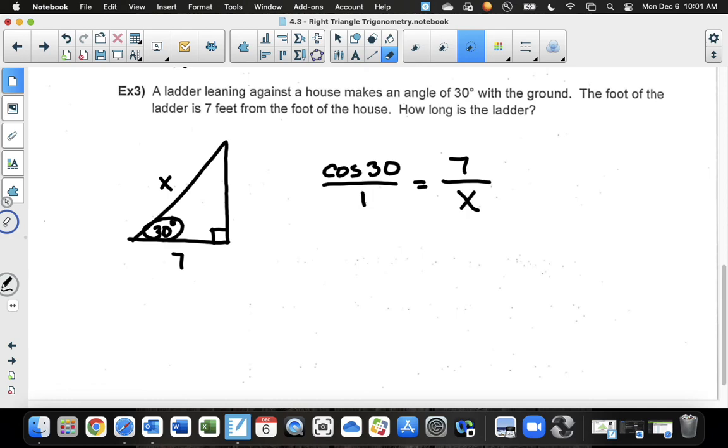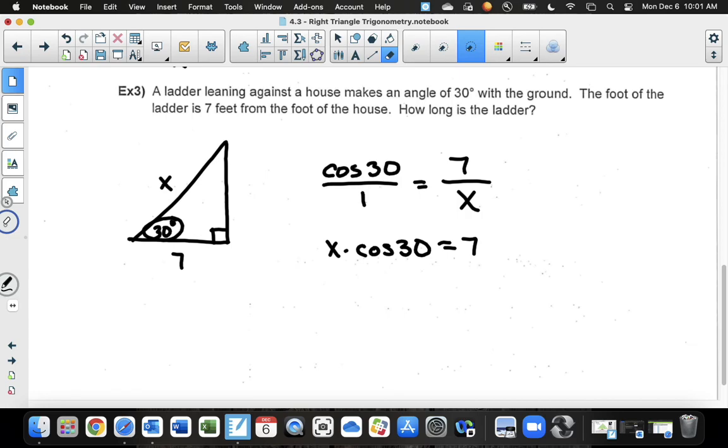Some people may have gotten stuck when you cross multiply. You get x times the cosine of 30 equal to 7. Is x by itself? It's not yet, right? How do I get x by itself? Don't overthink this one.